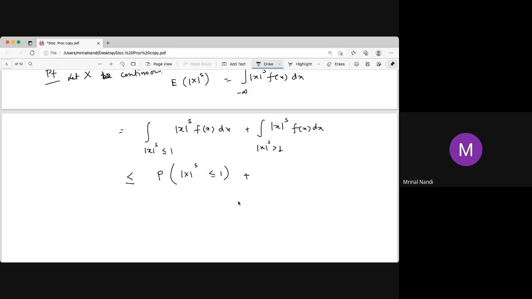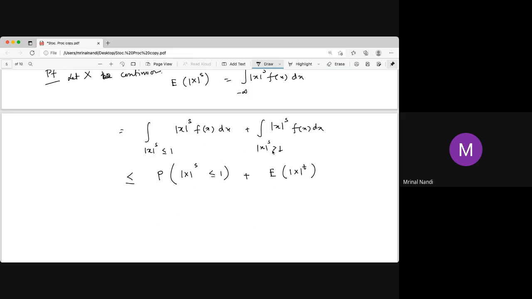Plus, what happened? The first part is less than or equal to 1, and this part is actually less than the expectation of |X|^r. Why is it so?